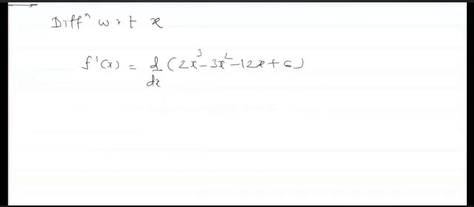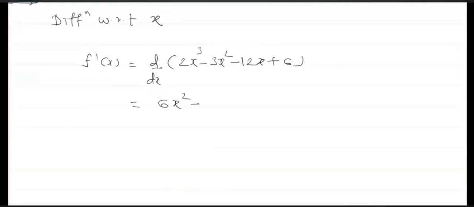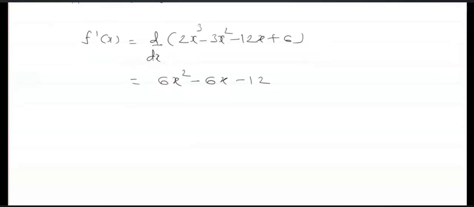For strictly increasing, I am again repeating, the given function's derivative f dash of x must be greater than 0.